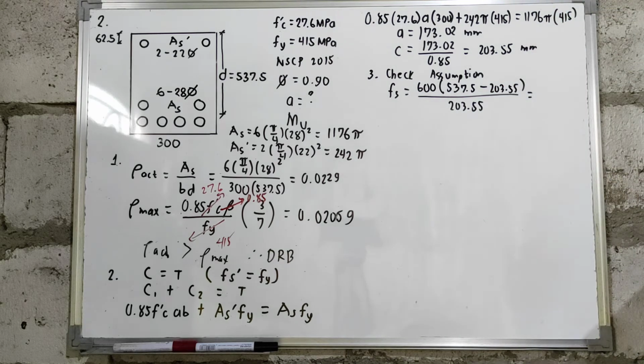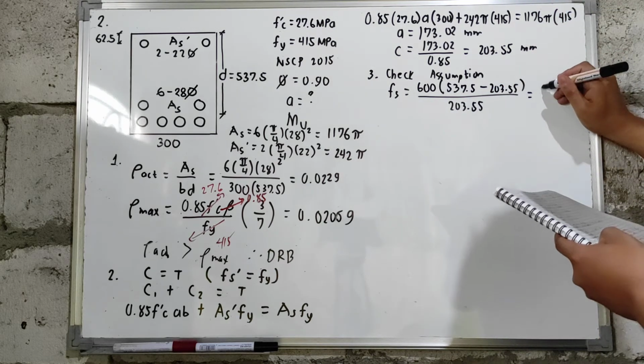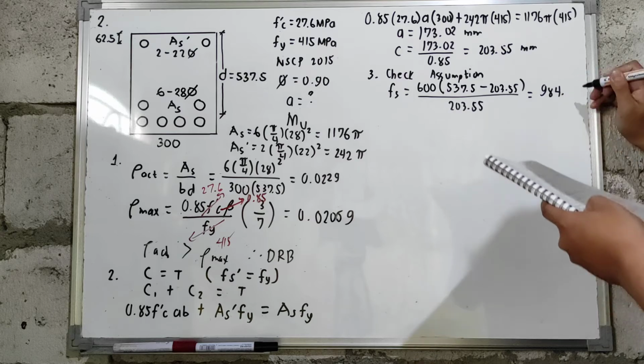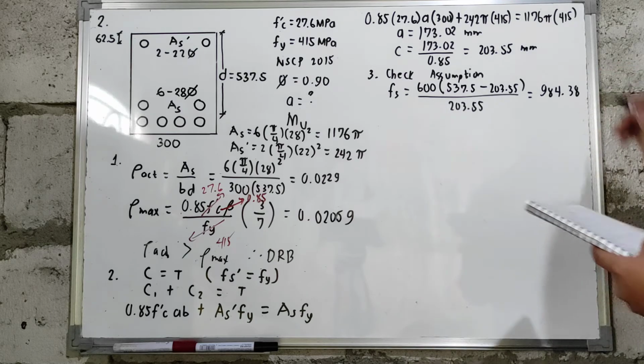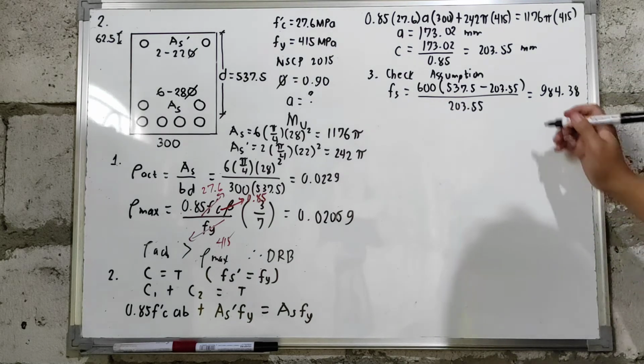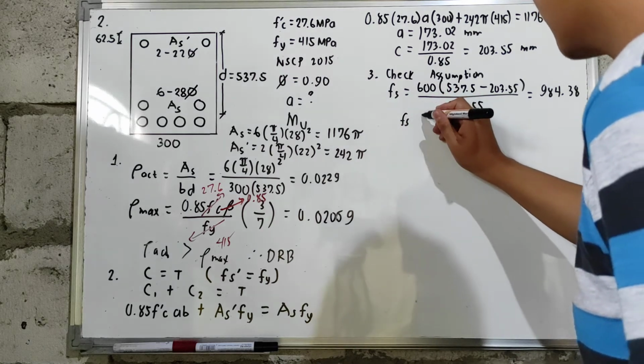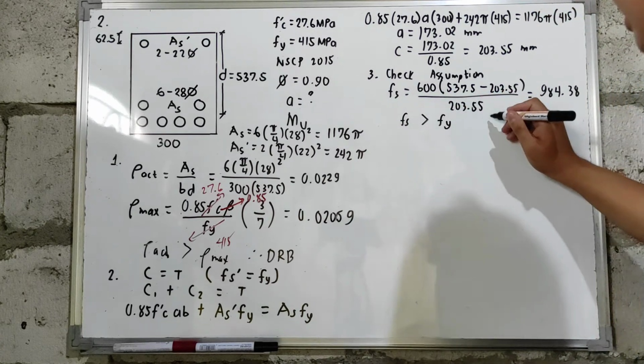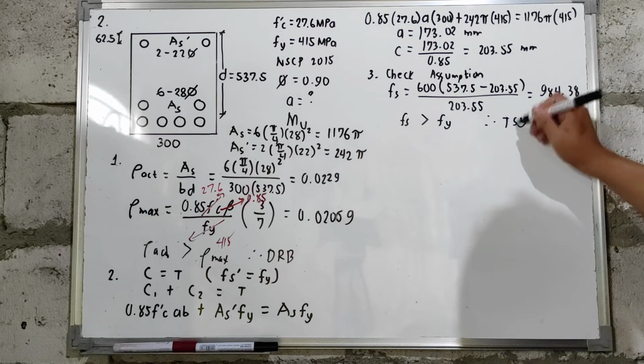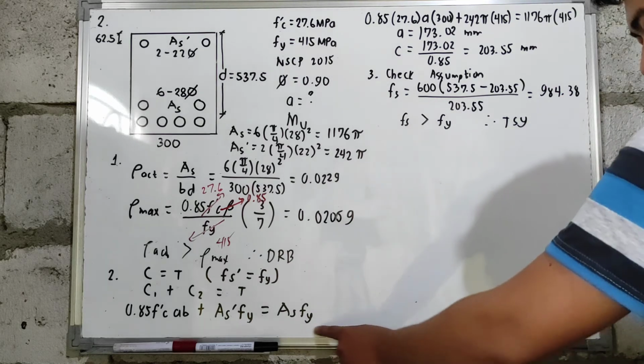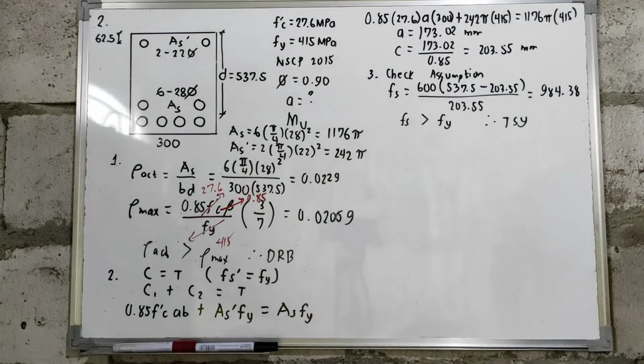That is equal to 984.38. So our Fs is greater than the value of Fy. Therefore, tension still yields. So our assumption that Fs is equal to Fy is correct.